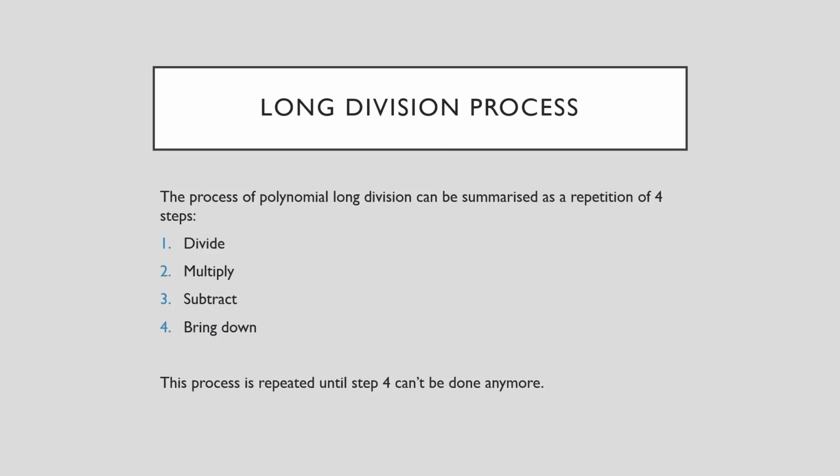So I'm just going to jump straight into some questions, and I'll show you what each of these steps mean as we go through the questions. Then it's your job to practice doing long division from your textbook or whatever. Okay, so divide, multiply, subtract, bring down, and we're going to keep doing this process until we can't do it anymore, and then we stop, and that's your answer.